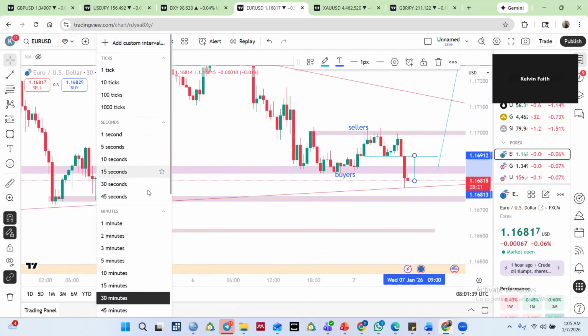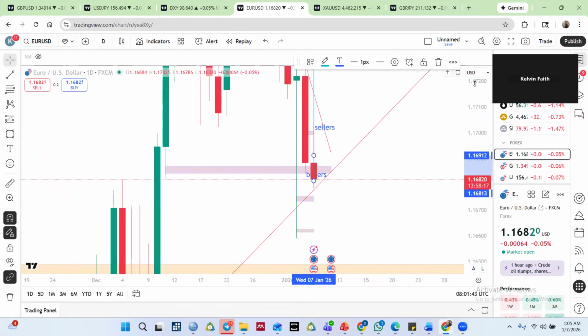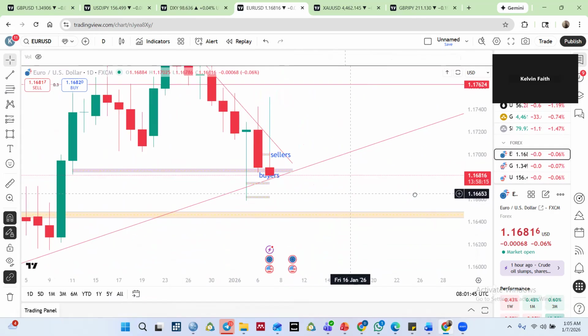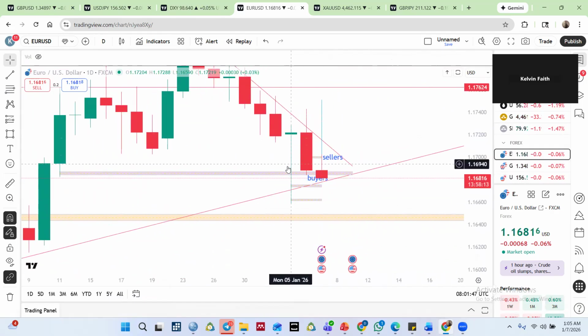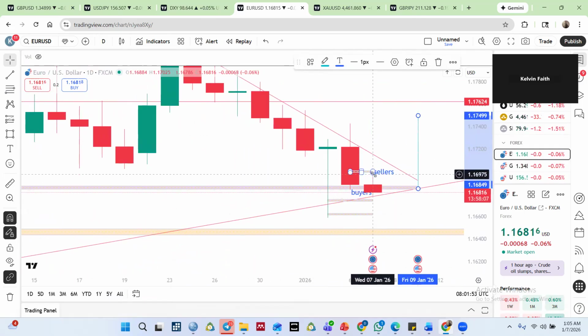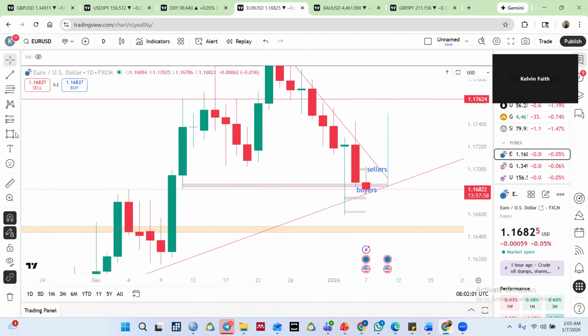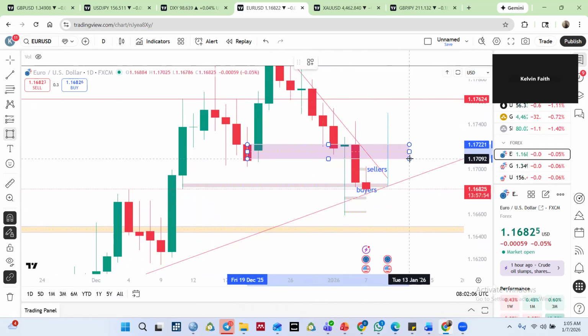Let me see Euro USD on the daily time frame. Okay, so Euro USD on the daily time frame was trying to fill this wick. Then we see price retesting this area, making this resistance here, and it's dropping right now. And it looks like price broke this support.